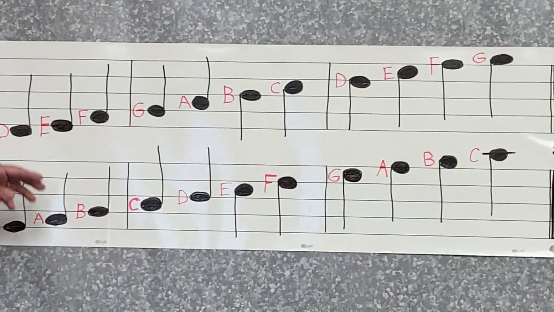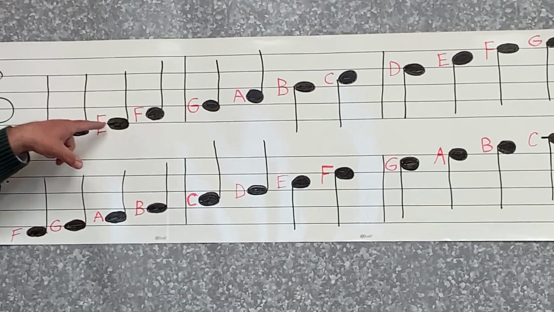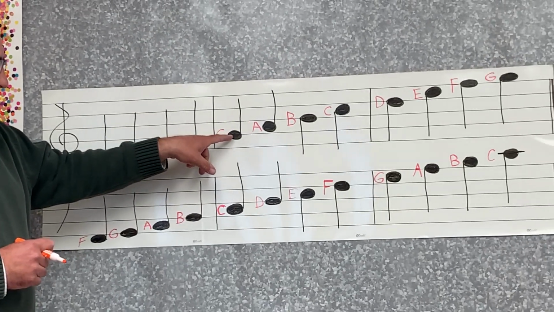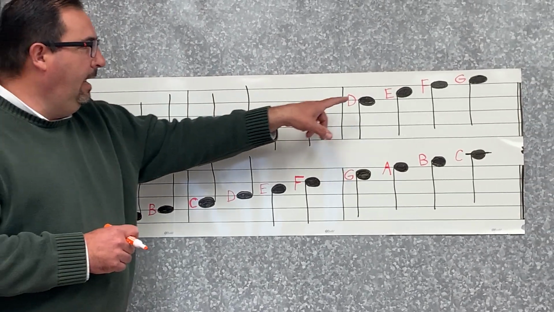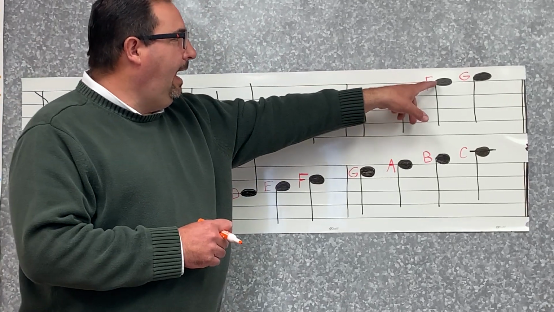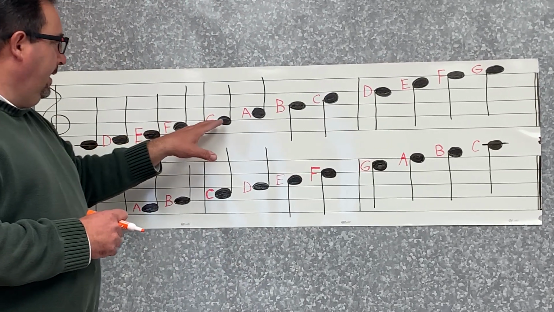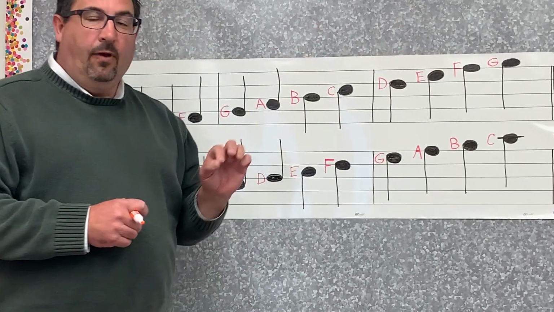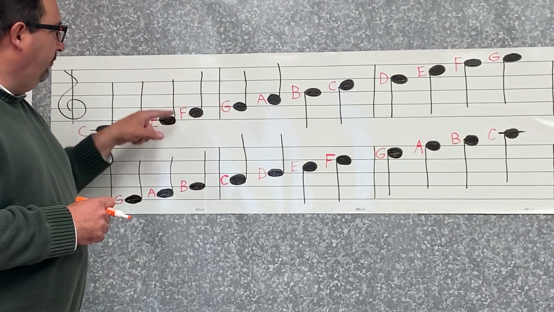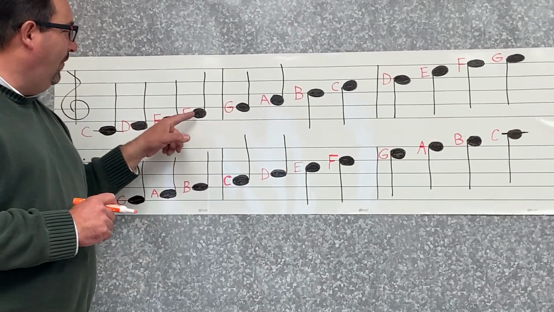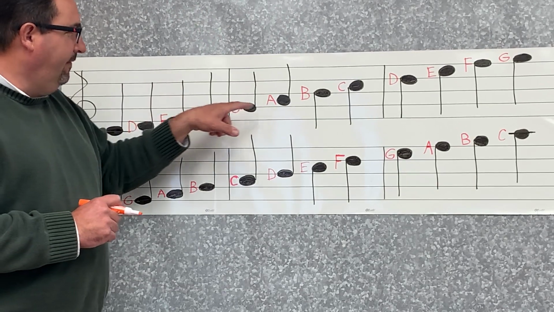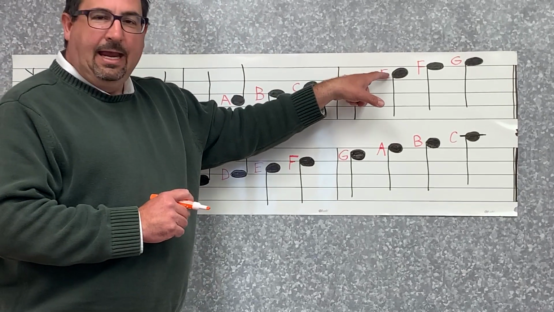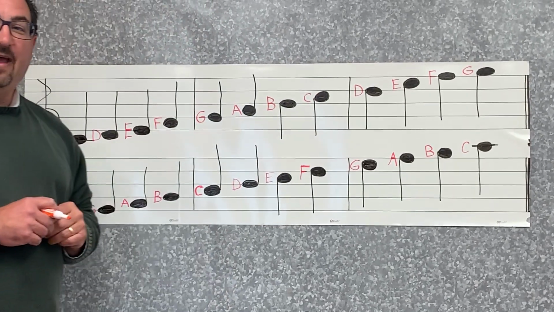So Sebastian, if we look at all of the notes that are on the lines, we have E, good, G, B, D, and F. So we have E, G, B, D, and F. And Greta, if we look at the notes that fall in the spaces, and I think you're going to like this one, we have F, A, C, E. And that spells the word face.